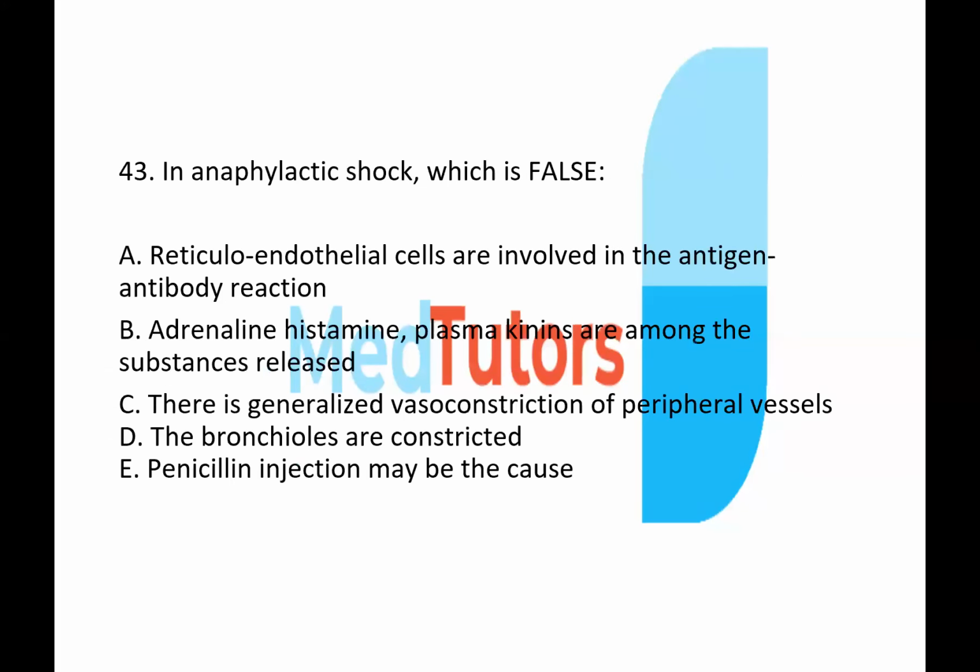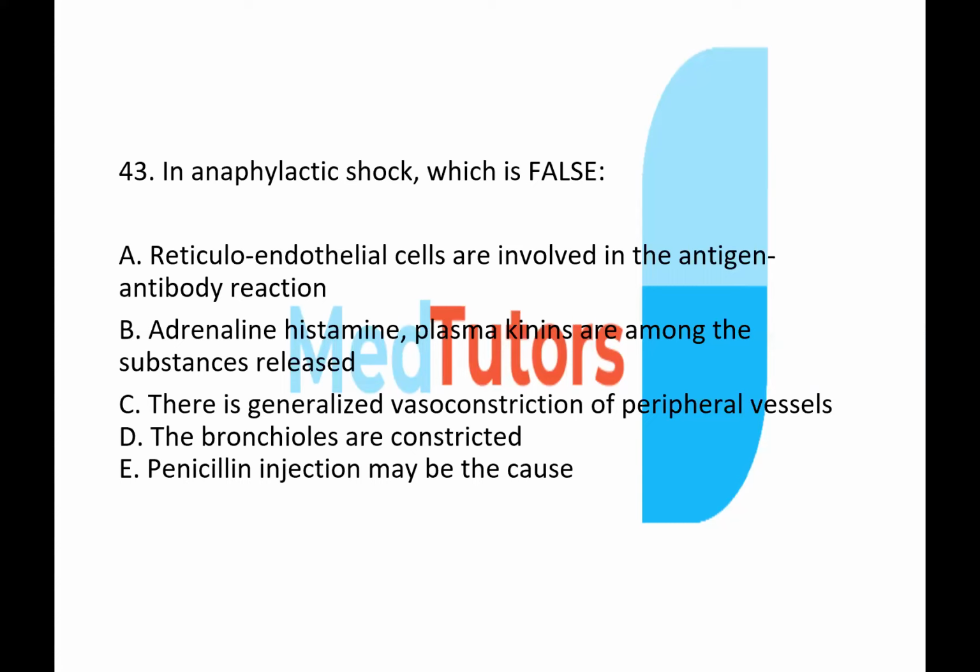In anaphylactic shock, which is also a form of distributive shock, which is false? Reticular endothelial cells are involved in the antigen-antibody reaction. Adrenaline, histamine, plasma kinase are among the substances released. There is generalized vasoconstriction of peripheral vessels.